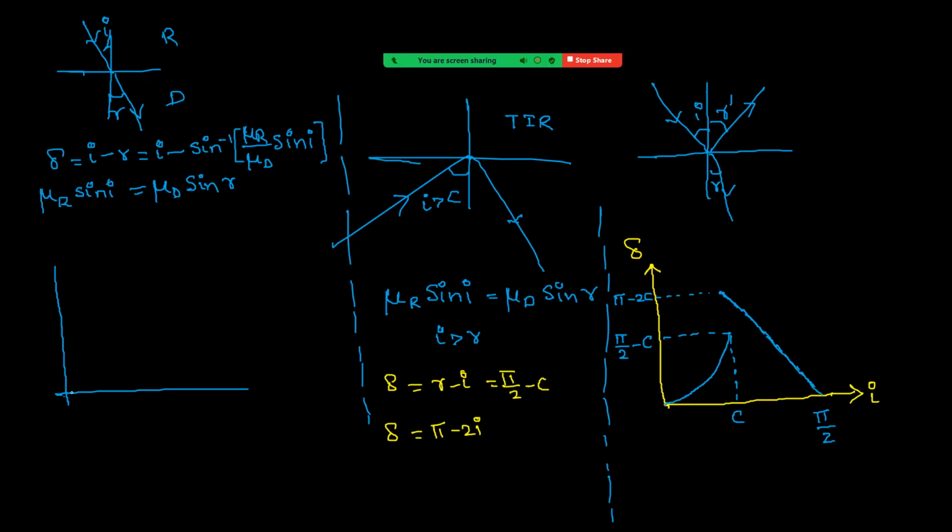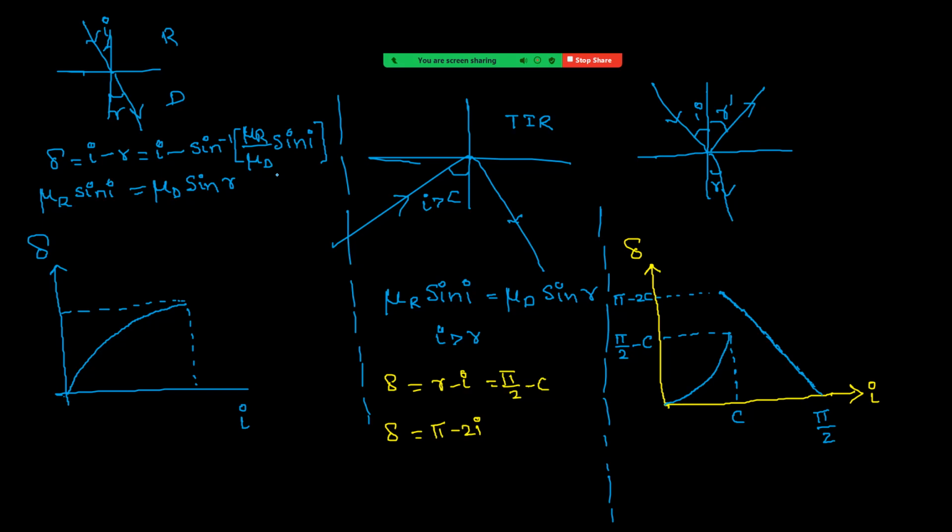See the graph now. You can see this deviation will be approximately like this. This is deviation and this is angle of incidence. And you can see what is the upper limit for deviation. Upper limit. See the maximum value.